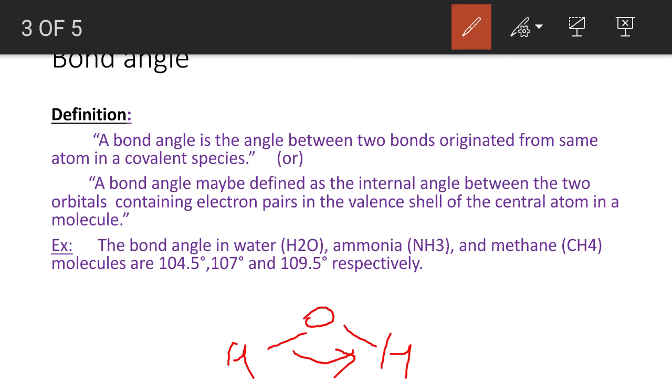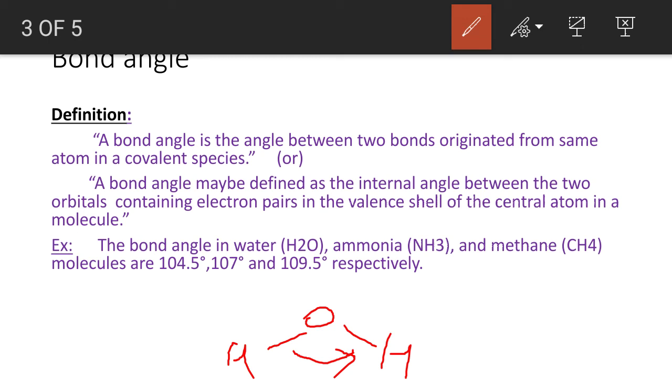The internal angle means the angle formed within the molecule. Here the two orbitals of the oxygen contain electron pairs in the valence shell of the central atom.